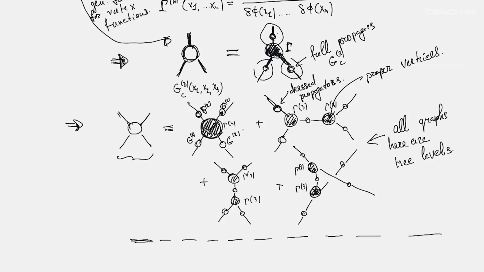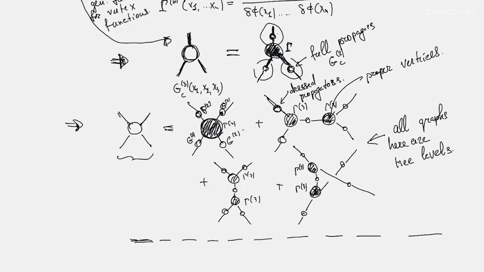So all the loops are inside these blobs. It's a way to compactly represent the theory, to hide all loops, which are the sources of divergences, inside these blobs, and then to have just the tree-level expansions like in a free theory.